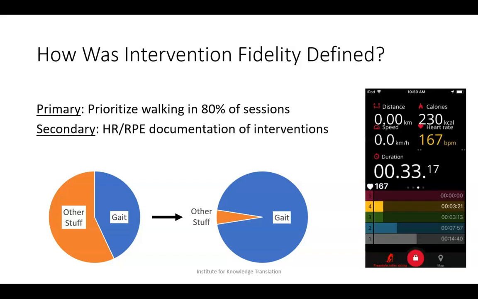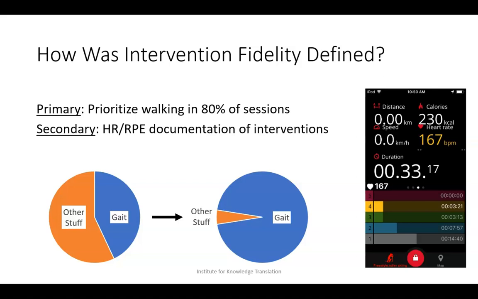Our secondary metric was related to the intensity of the interventions. As I talked about before, with the level of neuromuscular deficits typical of patients that come to inpatient rehab and the high rate of beta blockers, we didn't know what was actually feasible in terms of heart rates and RPEs that we could get in this set of individuals.